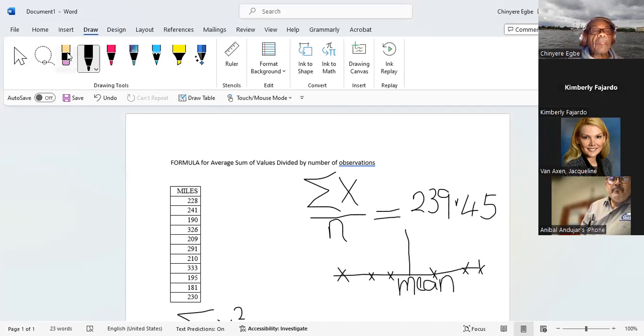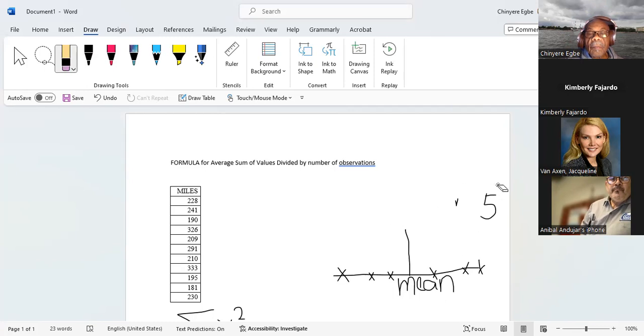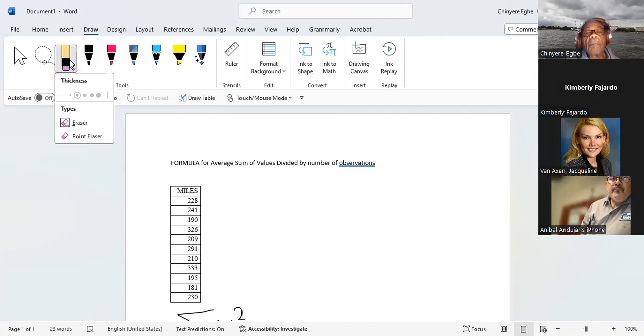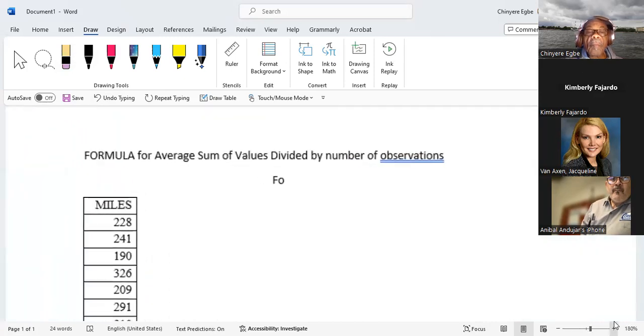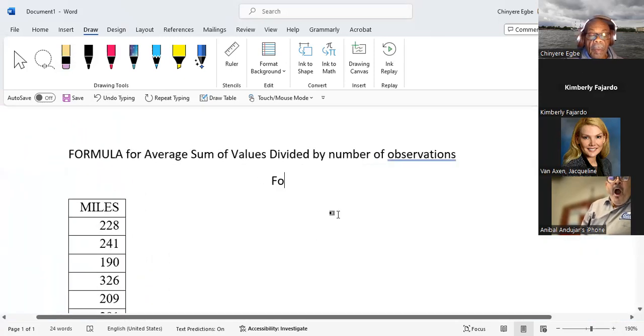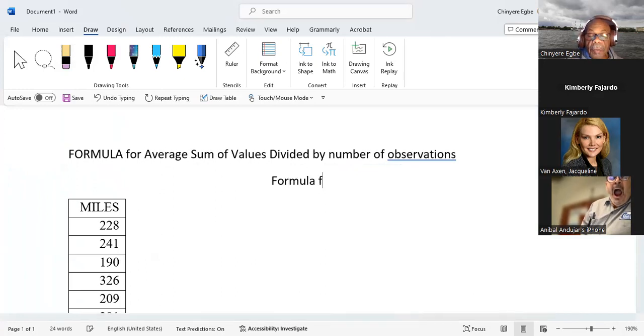So now let's look at the formula for standard deviation.